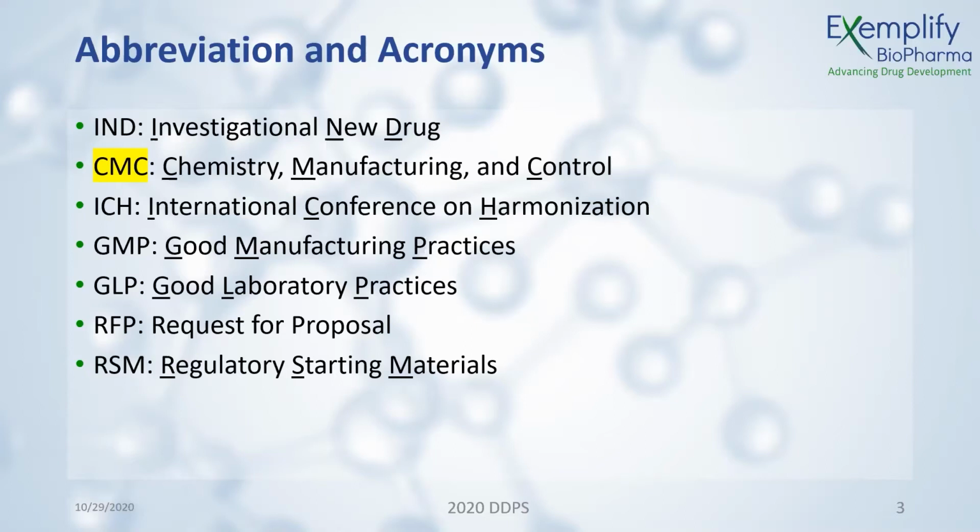GMP is good manufacturing practices. GMP can happen in the laboratory, but it is still not GLP, which can be confusing to some folks. RFP is request for proposal, and RSM is regulatory starting materials.